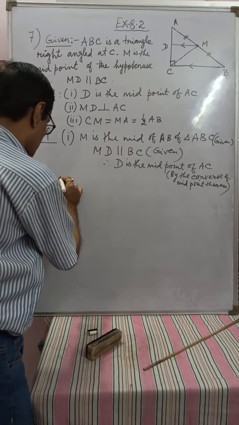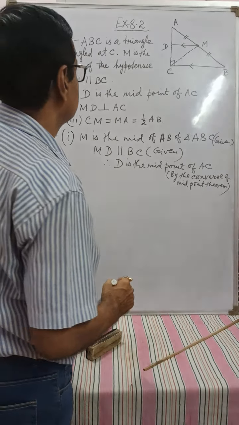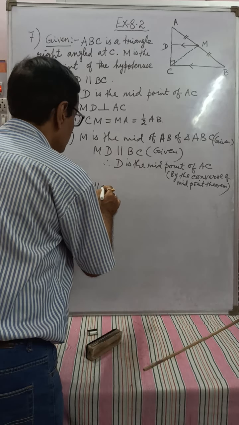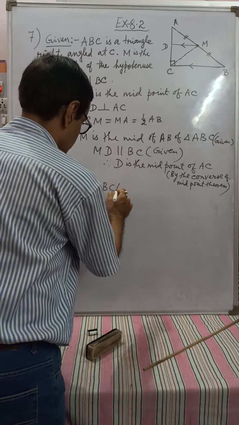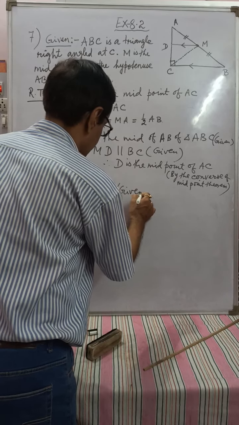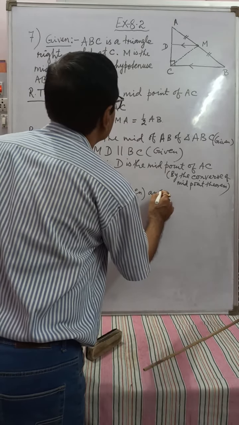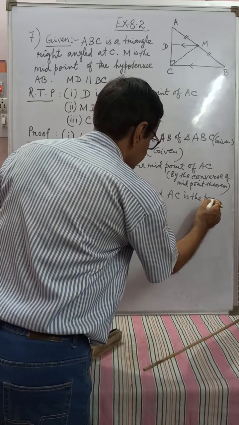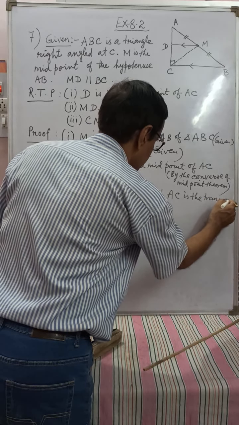Now for the second part, we will write MD is parallel to BC, that is given, and AC is the transversal.